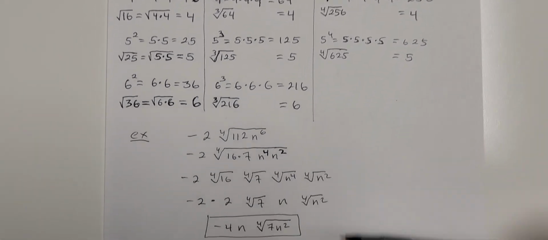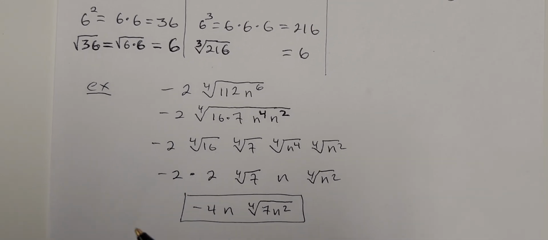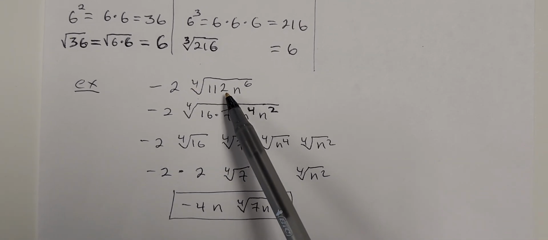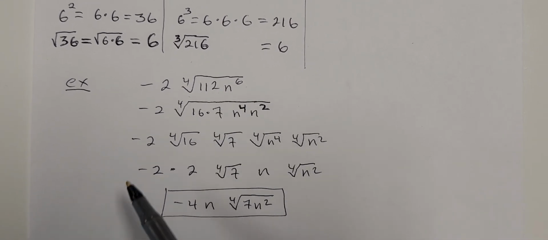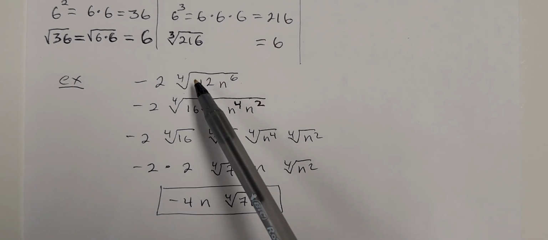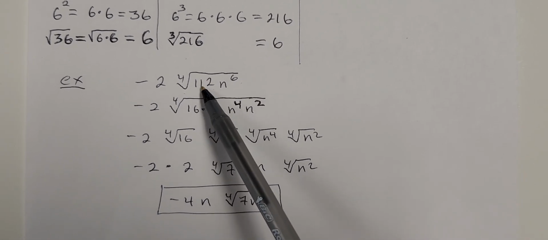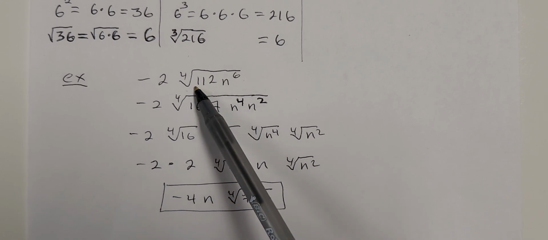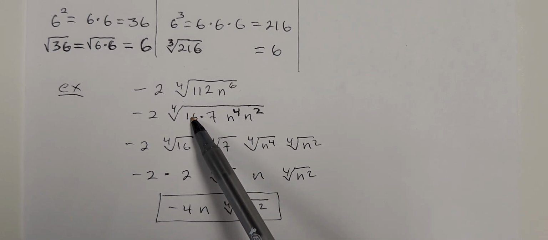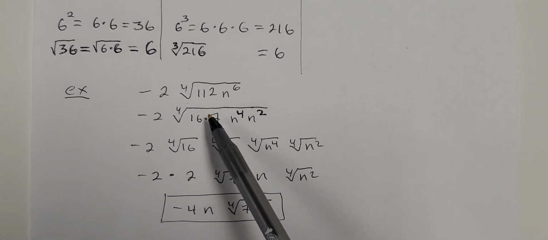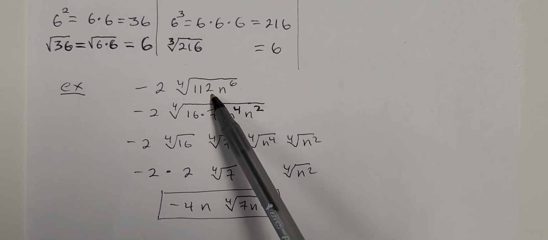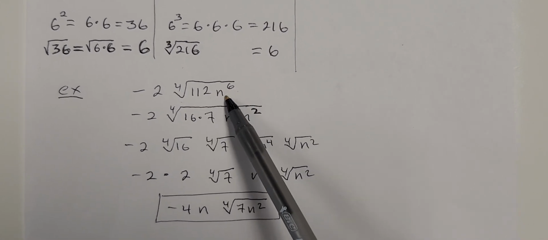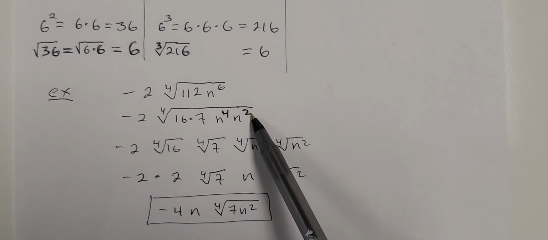Okay? So here I have an example of -2 times the fourth root of 112 n to the 6. The first step is to break this 112 up. What two numbers multiply to give me 112? 16 times 7. 16 times 7 is 112. And this n to the 6, I broke it up into n to the 4 and n squared.